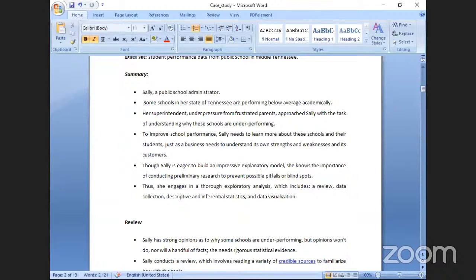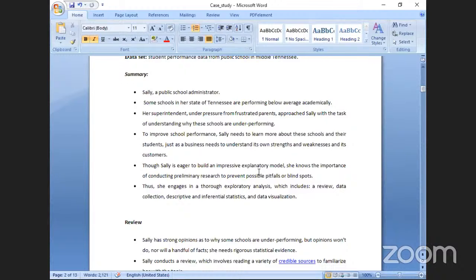To improve the performance, Sally needs to understand the problems existing in the schools as well as the students associated with the schools. Like how business problems are designed, when you are supposed to design a business model, the first thing you need to do is understand the strengths and weaknesses existing.